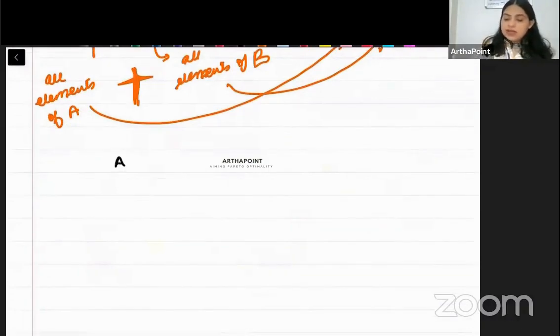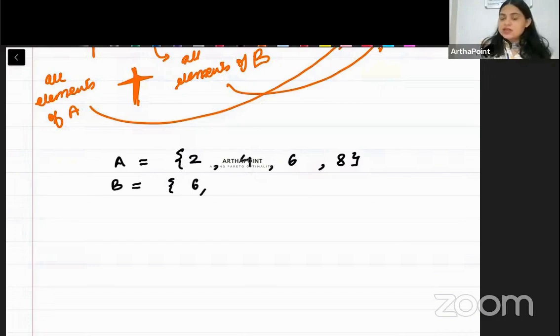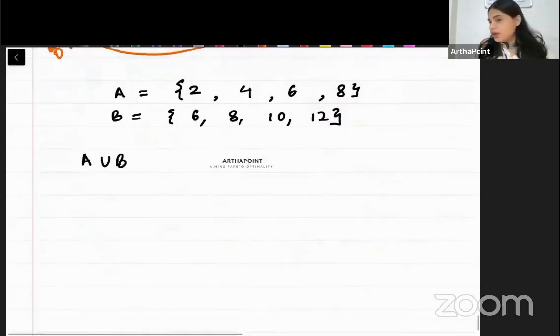Suppose I tell you that A is 2, 4, 6, and 8. And I tell you that B is 6, 8, 10, and 12. But now I'm asking you what will be A union B. A union B means you will take all elements of A, all elements of B, but no repetition.